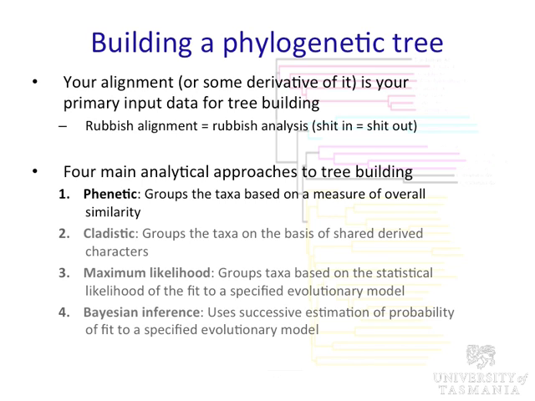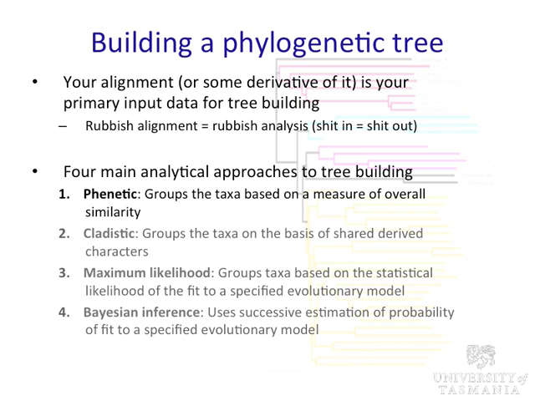Then we construct a series of trees and test each as a fit for the model. Take a measure of likelihood, which is a statistical approach, and then we do another tree and see whether that's more or less likely as a fit to the model. Bayesian inference is similar in, I guess, a similar concept in the way it works, but it uses estimations of probability of fit to an evolutionary model. So a slightly different form of mathematics.